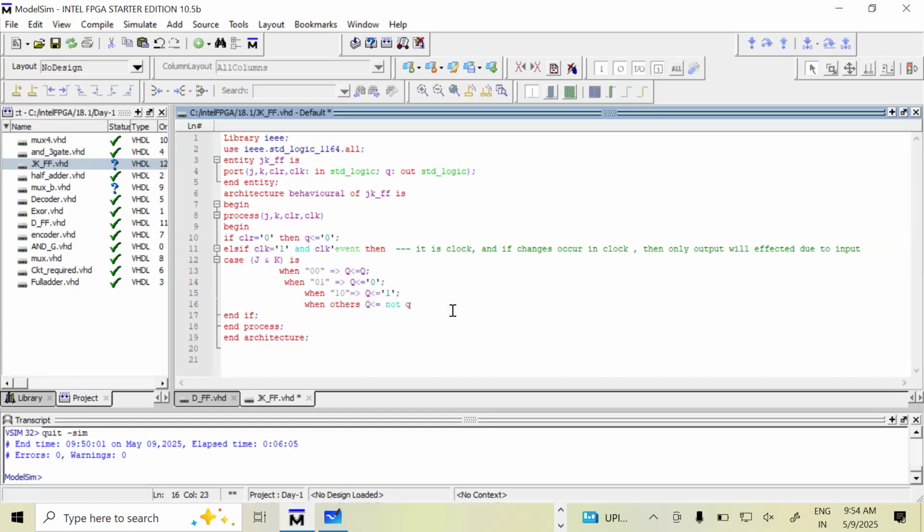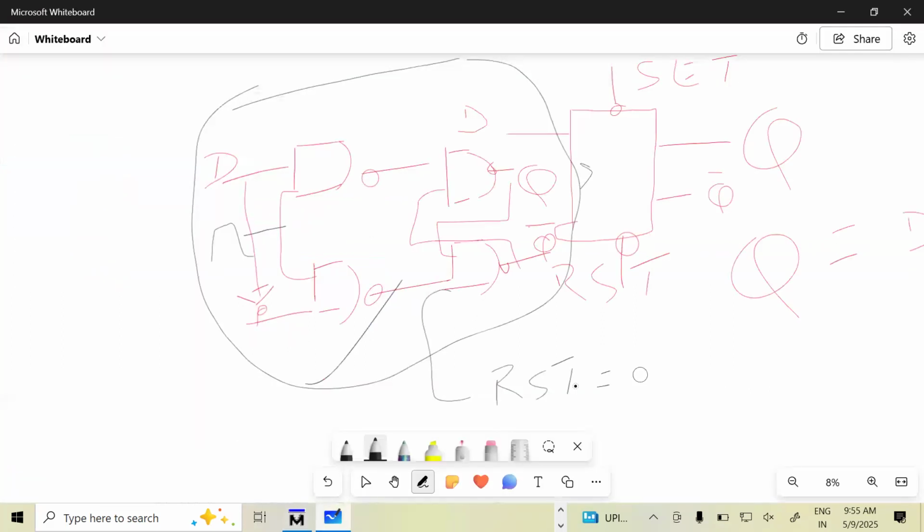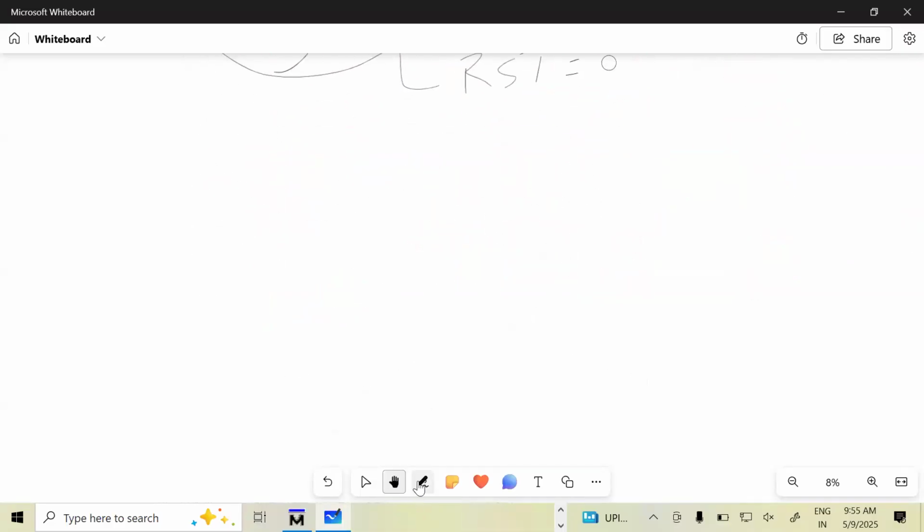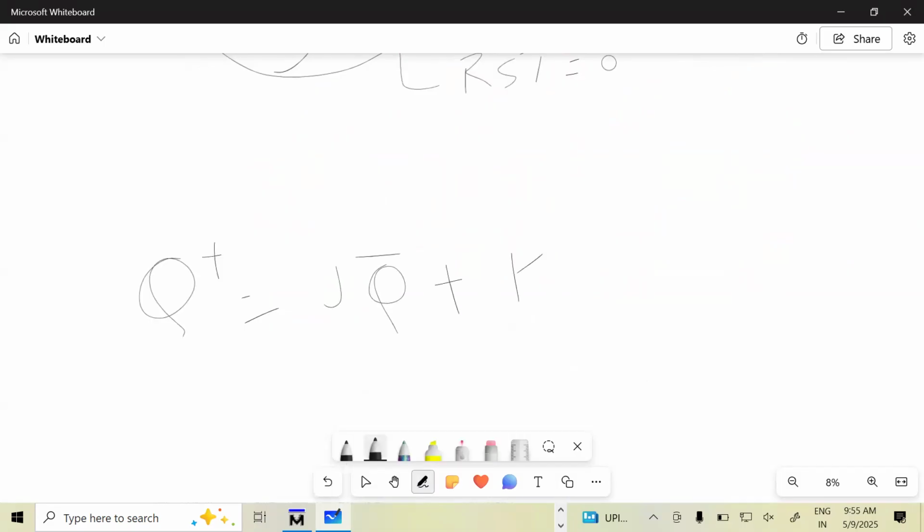See, within others, you are using a statement like 111 and 011. For the JK flip-flop, when both the inputs J and K are 1, see, Q plus in JK flip-flop is J Q complement plus K complement Q. From this you can see Q, J, K, and Q plus.